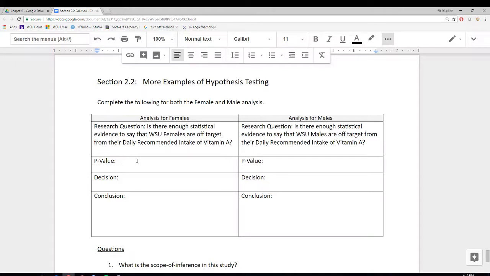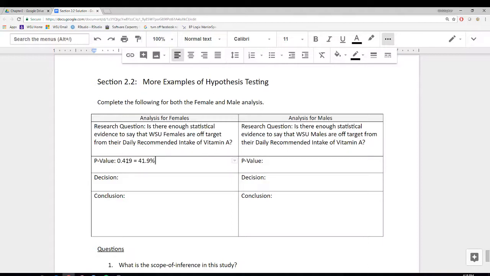The research question again: is there enough evidence to say that WSU females are off target from their daily recommended intake for vitamin A? The p-value that we computed from up above was 0.419, which is 41.9%. Be careful when looking at that. Some students actually get a little careless and say that's about 4%.